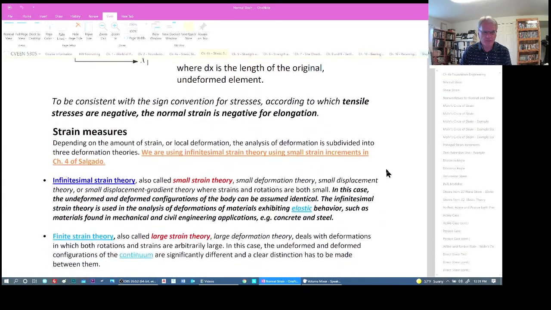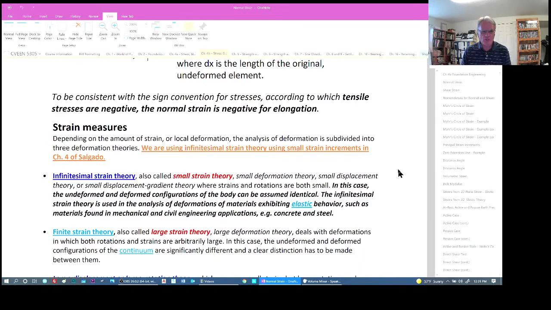Okay, it's important to note that for this particular shear strain theory that we're using out of Salgado, we're using what's called infinitesimal strain theory, which means we have very small strain increments. In this type of theory, or small strain theory, the displacements and rotations are very small.